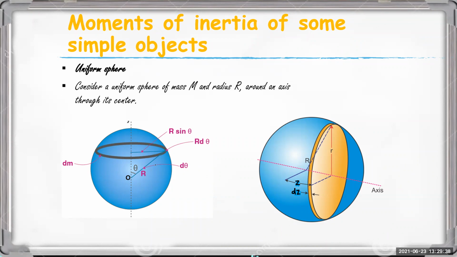Here a uniform sphere of radius capital R and mass capital M, and we are finding the moment of inertia about an axis passing through its center, in the direction z.